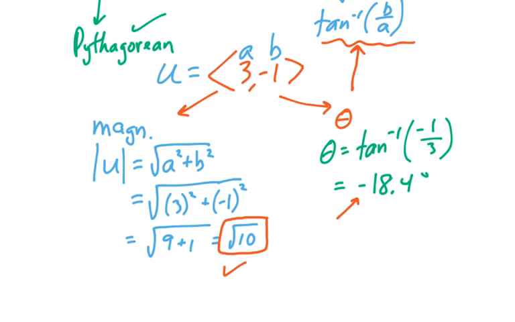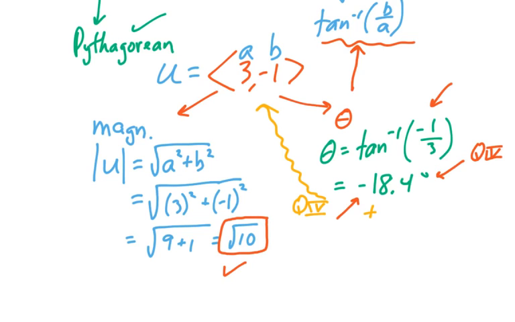Let's check our quadrants. So over here, this tan inverse gave me negative 18.4. That would land me in quadrant 4. But if we go back to our original vector from the beginning, where is 3, negative 1? What quadrant is that in? If you imagine graphing that in your brain, that's also quadrant 4. Okay, good. So it's in the right quadrant, it just can't be negative.